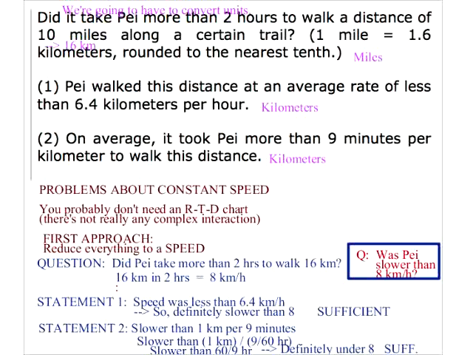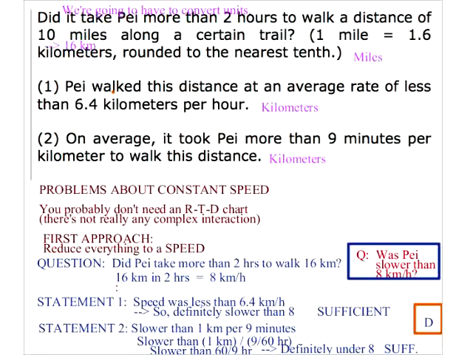So together we have each statement individually is sufficient, and so D, like dog. So one approach you can take here is just to make everything speeds. Any questions about this approach? Go ahead and type them in the box. If not, we'll look at another approach.